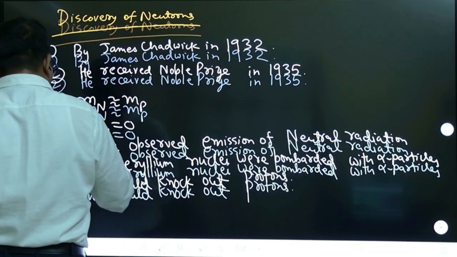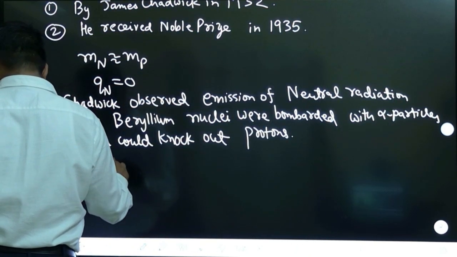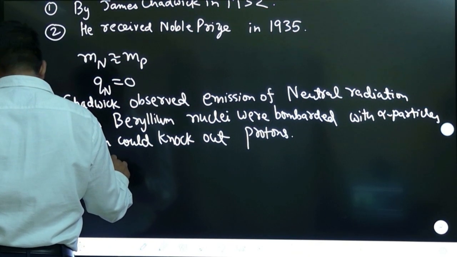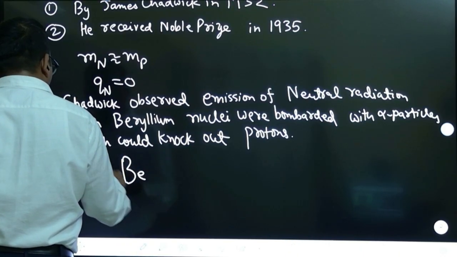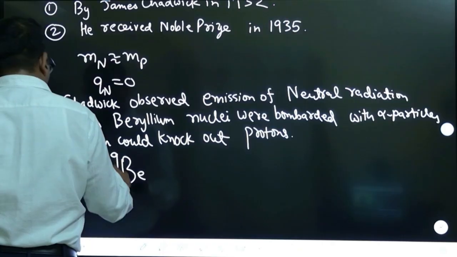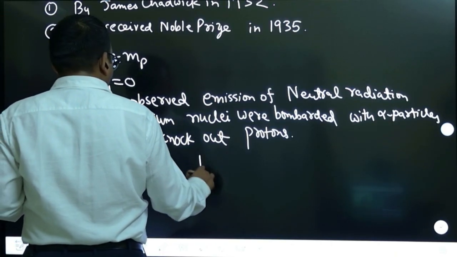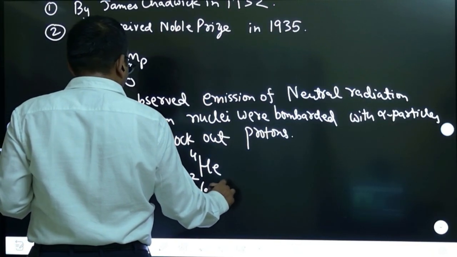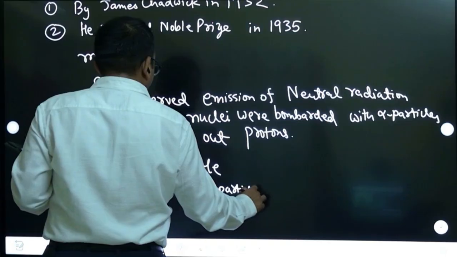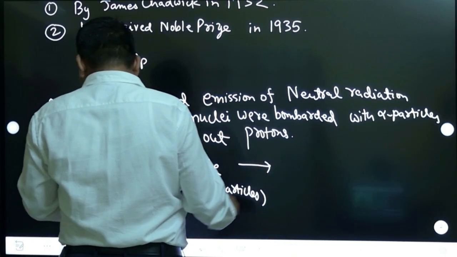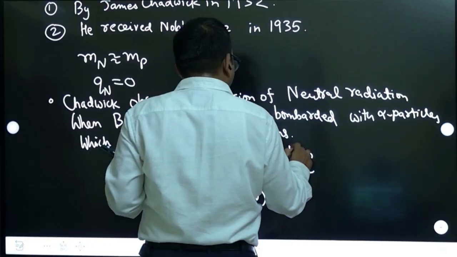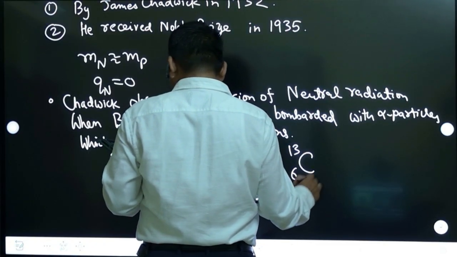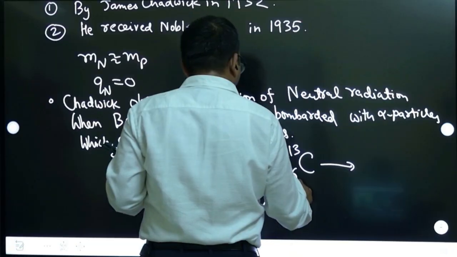So what is that artificial transmutation reaction? Take beryllium-9 (4Be9) plus helium. This is the alpha particle. Nuclear reaction happens, it becomes a carbon isotope, but this is unstable.